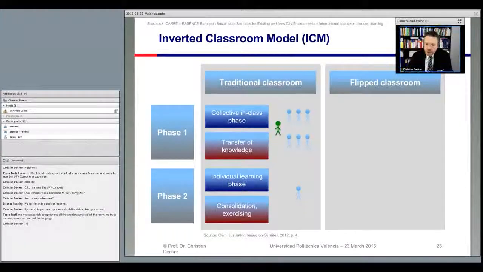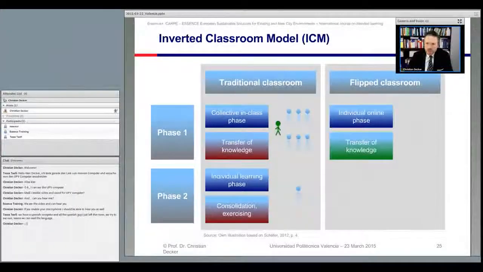Transfer of knowledge takes place during the lecture. Then students will go home. Typically, they are on their own. If there is no teamwork, they will be on their own at home. And then the individual learning phase will start: consolidation of acquired knowledge, working on exercises, working on homework. This is the traditional classroom setting.